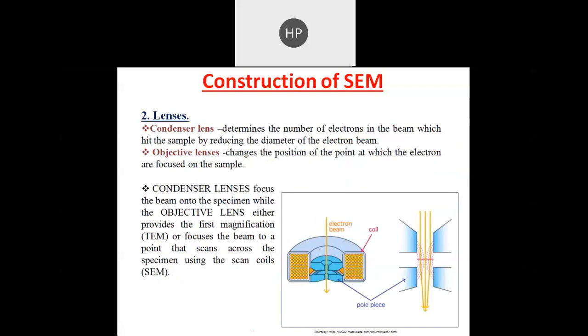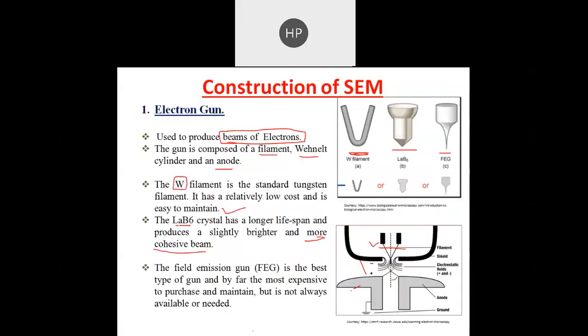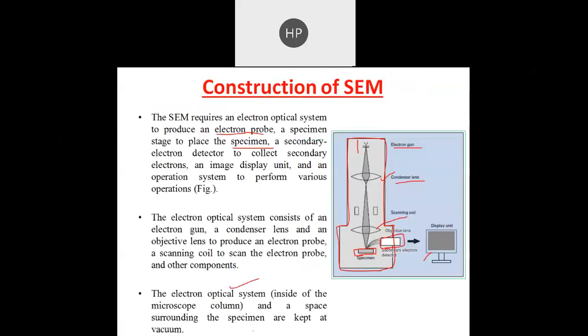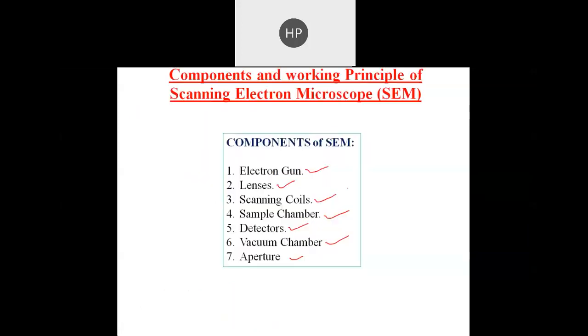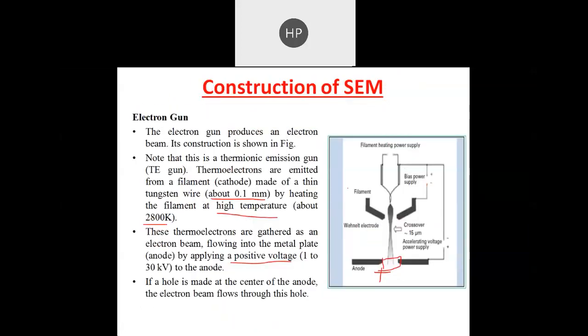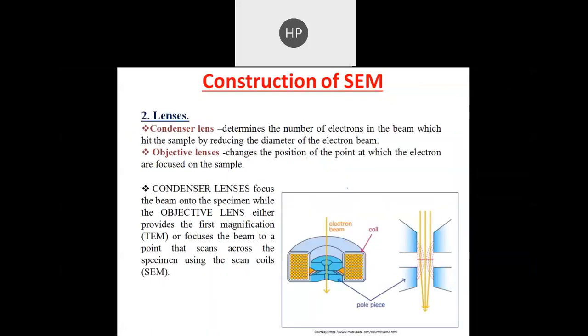Then the second part is the lens. Okay, so here we have first the electron gun, whatever part we have studied. Then we have the lenses. So there will be a condenser lens that determines the number of electrons in the beam which hit the sample by reducing the diameter of the electron beam.